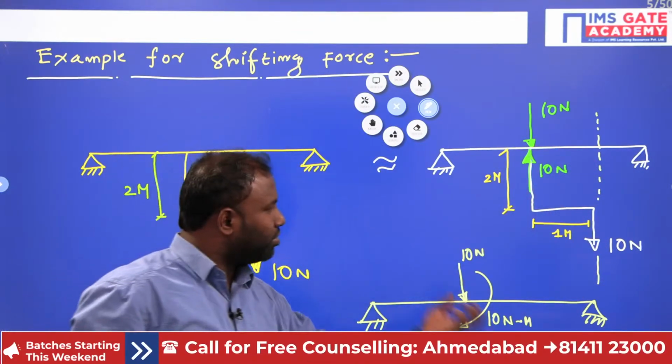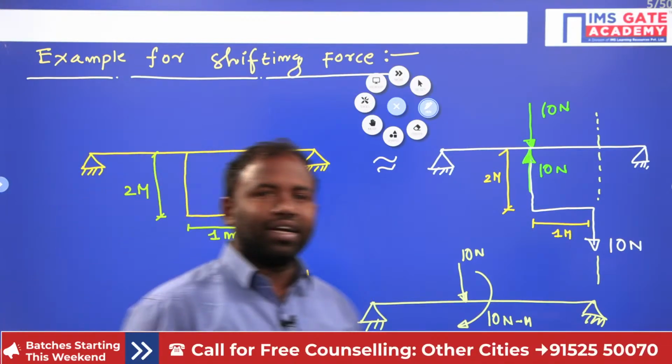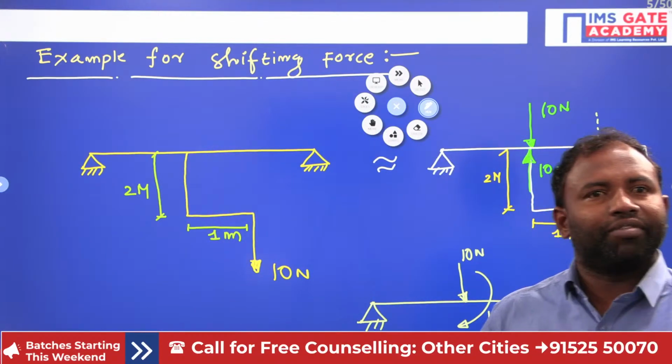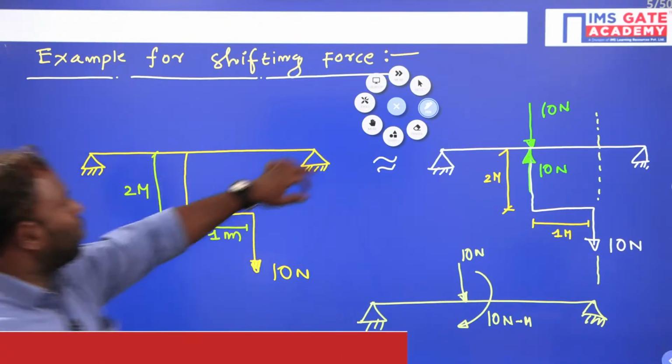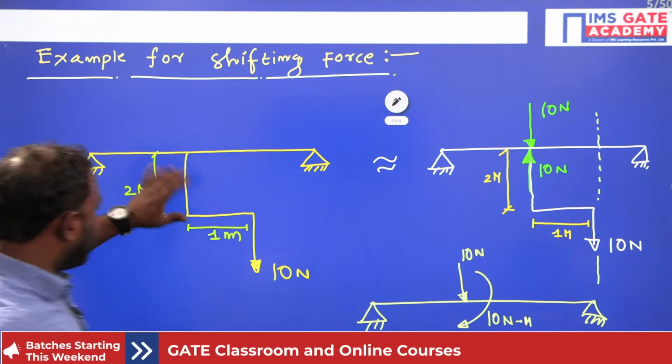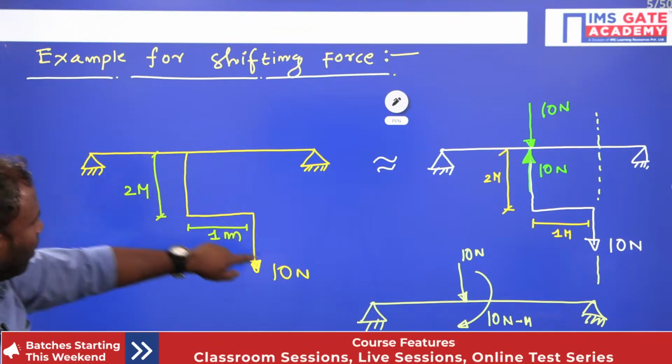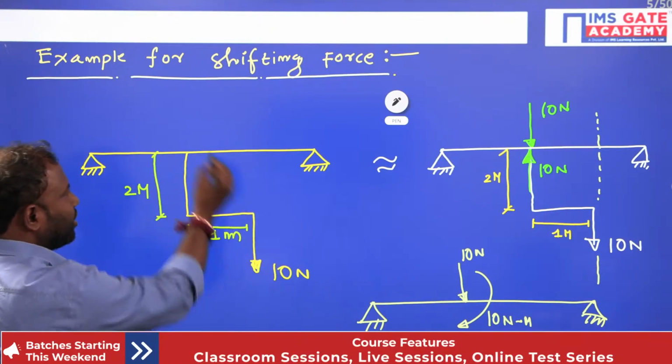With the help of this, I hope everybody understands the concept we discussed earlier. I am going to explain the same with one simple example. A 10 Newton load is acting over here, and I want to shift this 10 Newton load here.